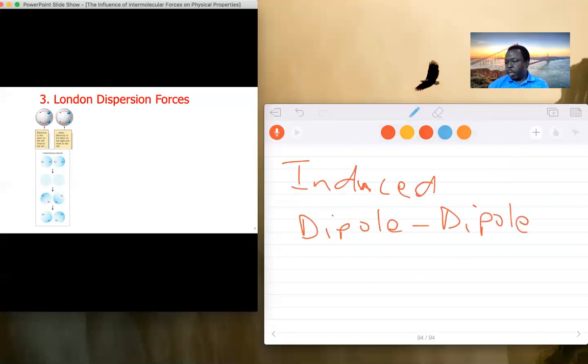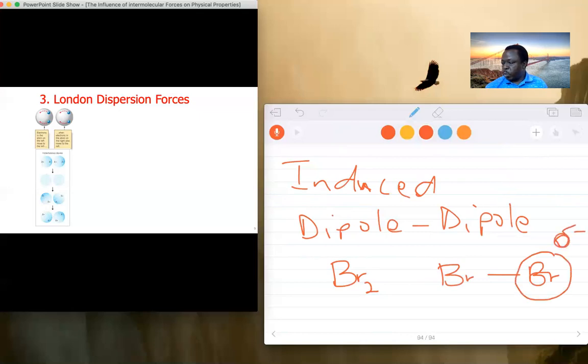For example, molecules such as bromine, a diatomic, or even hydrogen or fluorine, diatomic. There is equal sharing of electrons. However, at some point, the electrons might be delocalized, so that you have more electrons on this side, making this portion partially negative and this portion partially positive.